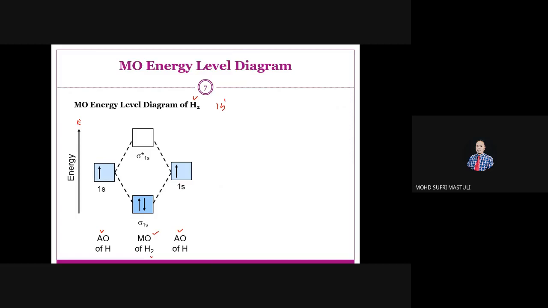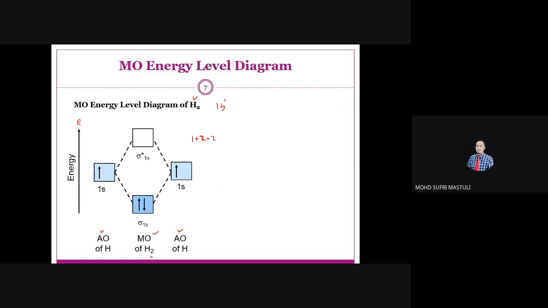Because each atomic orbital has one electron, 1 plus 1 is 2. That's why we distribute the 2 electrons in the molecular orbital.